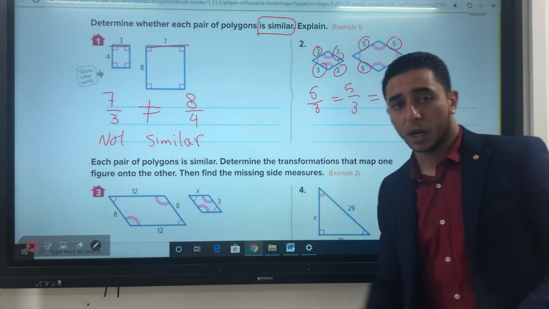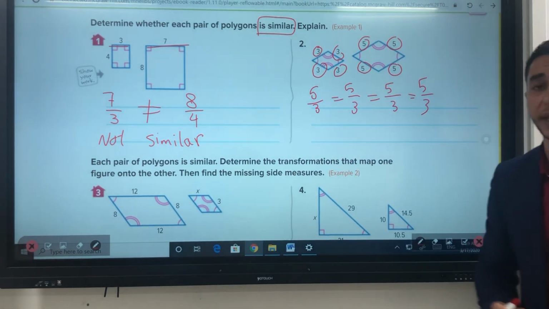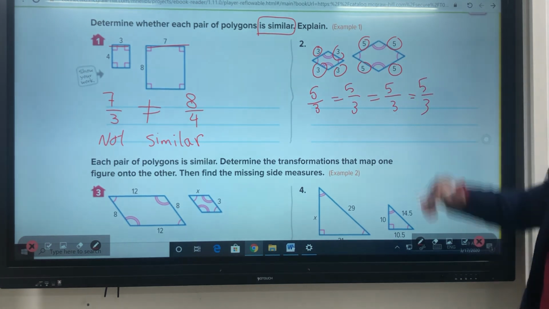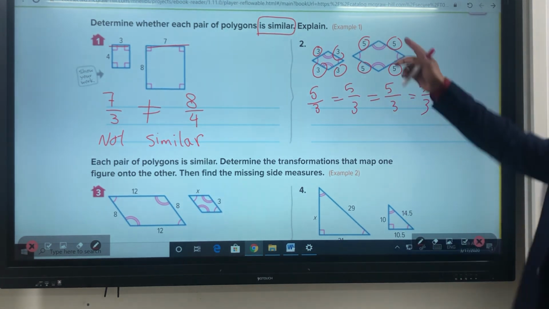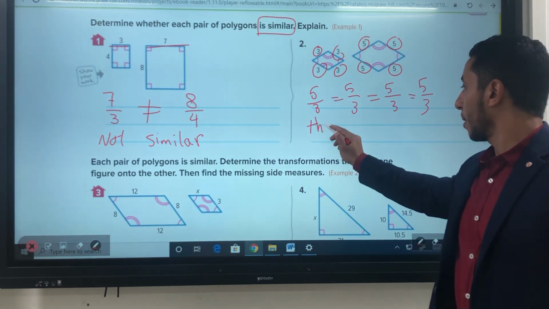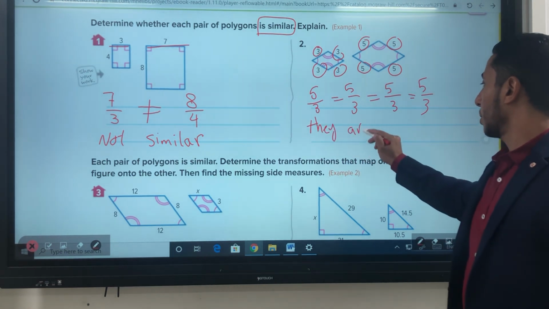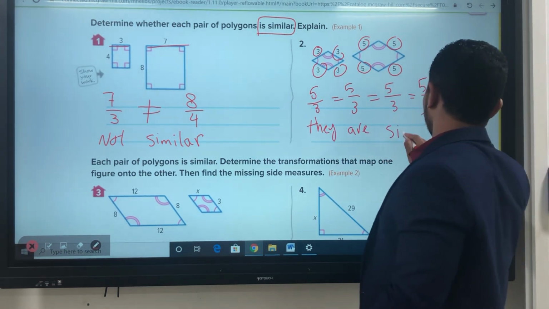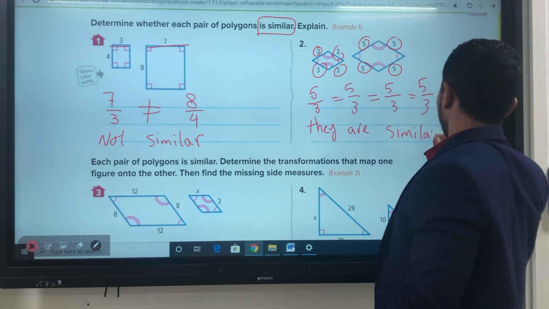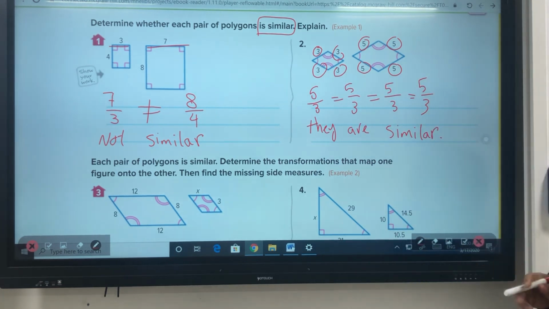All ratios are equal, or are proportional? Yes. And all angles are congruent? Yes. So they are similar. Good.